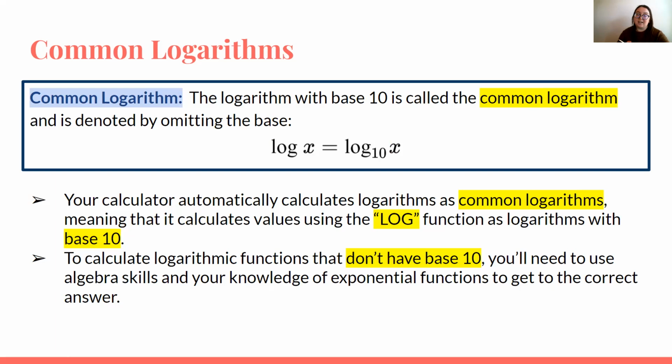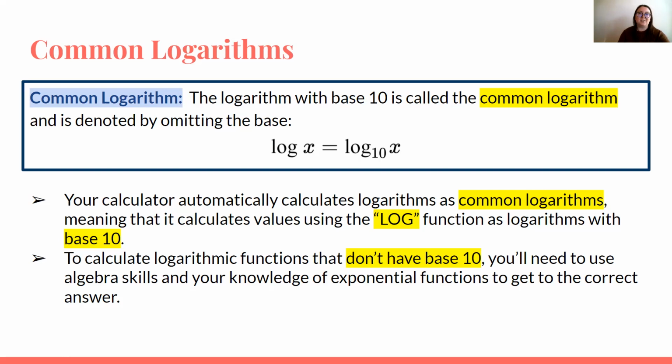Your calculator actually automatically calculates logarithms as common logarithms. On your calculator, there is a log button that is the common log, that is log base 10. So it calculates the values using that log function as logarithms to base 10. Some calculators can calculate logarithms that don't have base 10.